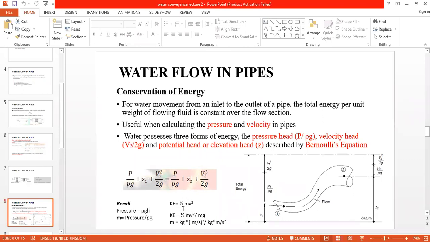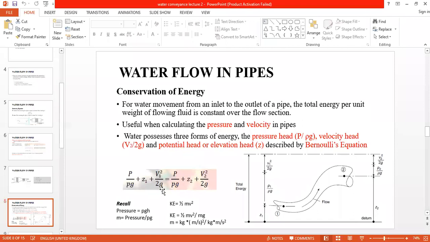So to do that, we just divide this kinetic energy by the mass multiplied by the gravity. So when we do that, this mass will cancel out. And in the end, we are going to have this v squared over 2g.